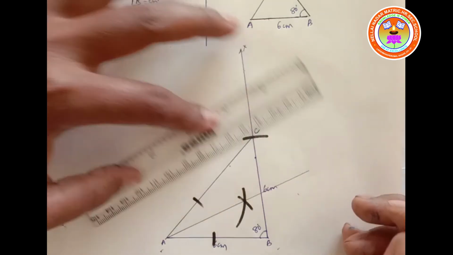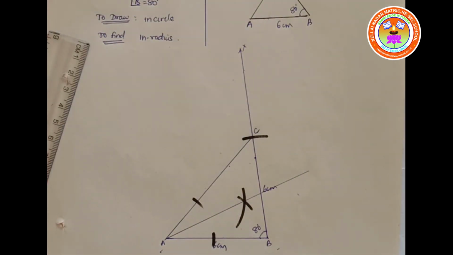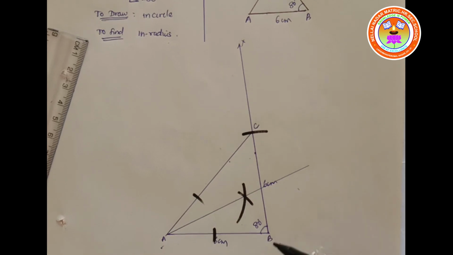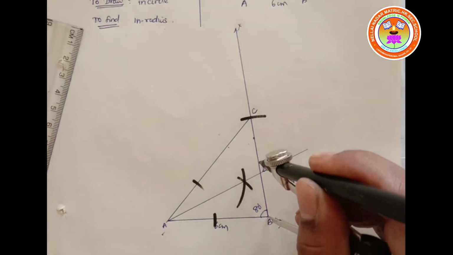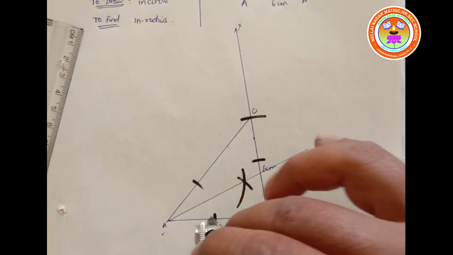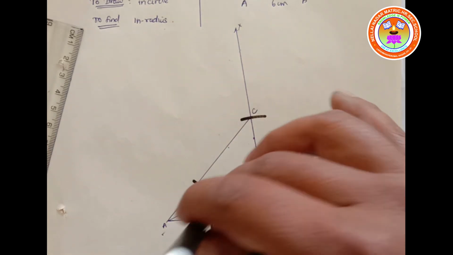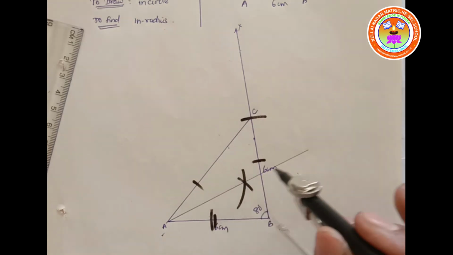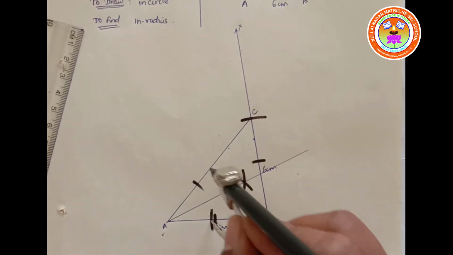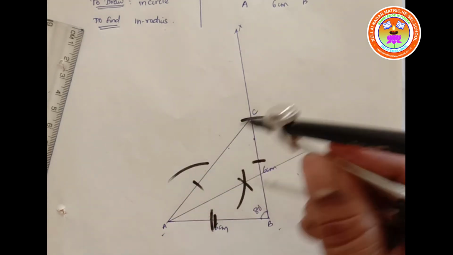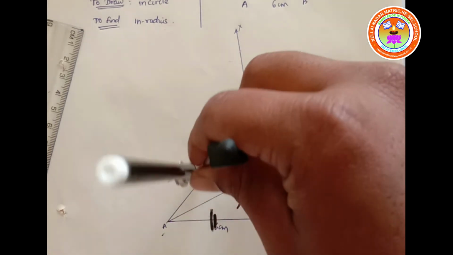Extend the line, right? And from B, same way, take any radius, that is you're going to draw the angle bisector. It's clear, children? Should cut the line BC and AB. From this again you draw an arc. Again from it should cut the previous arc.